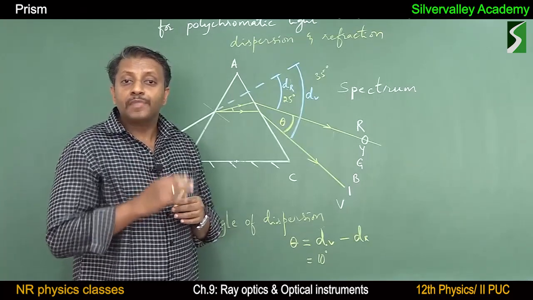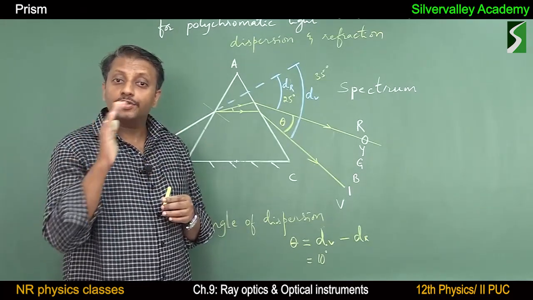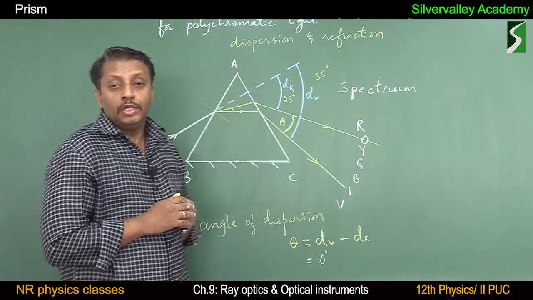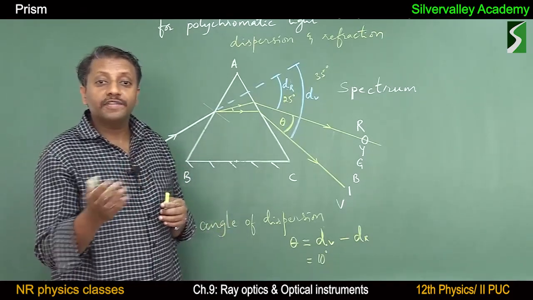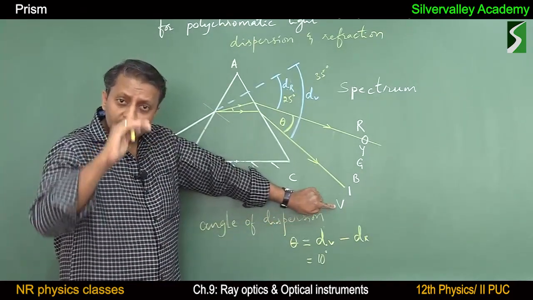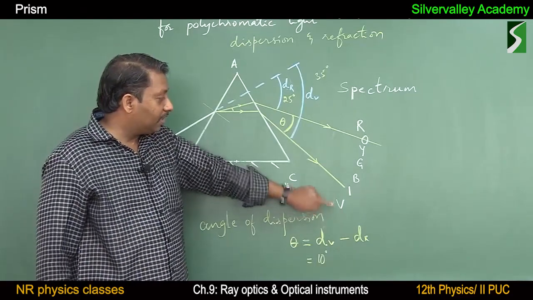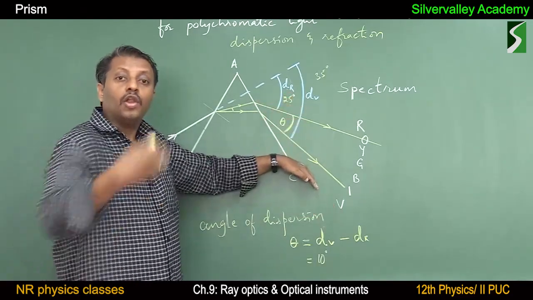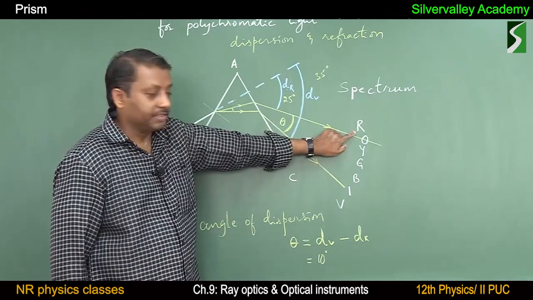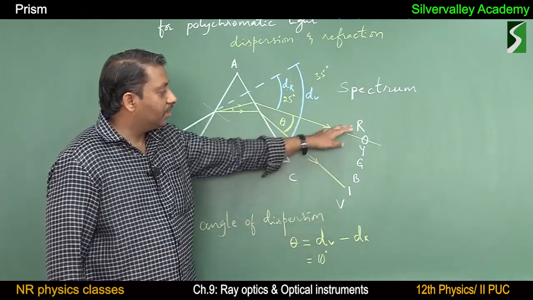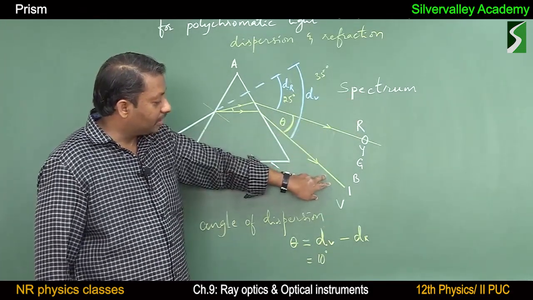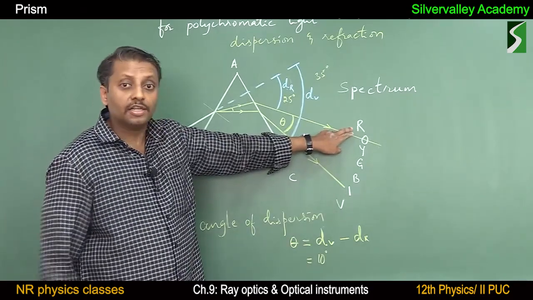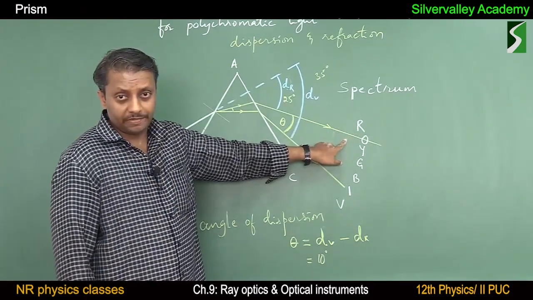Spectrum of light means arrangement of light according to wavelength or frequency. So which wavelength is most deviated means violet is shorter wavelength. So shorter wavelength is most deviated. Longer wavelength is least deviated. Violet is most, red is least. Shorter wavelength is most, red is, longer wavelength is least deviated.